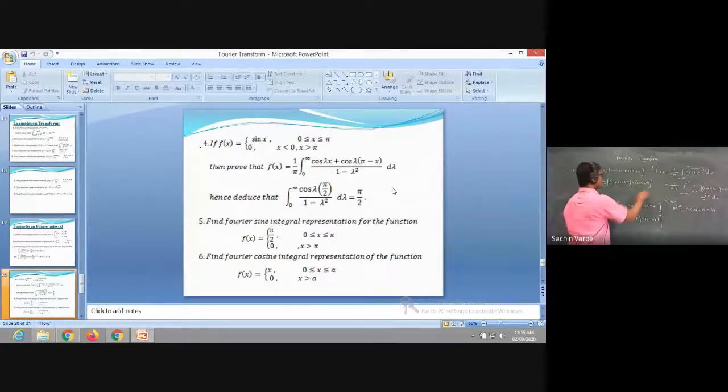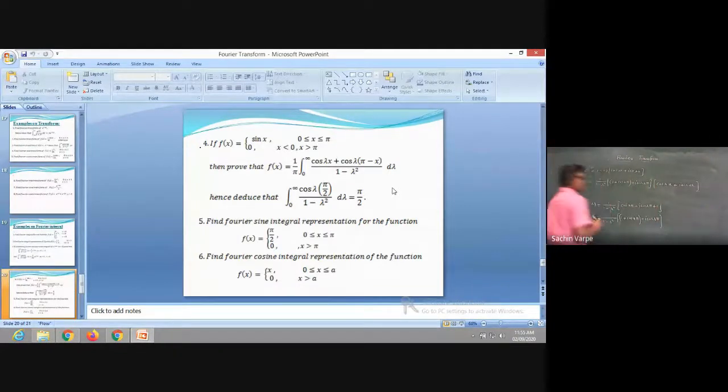and into this bracket, cos of lambda x plus i sin lambda x. If you are confused with any step, please ask. I can repeat.